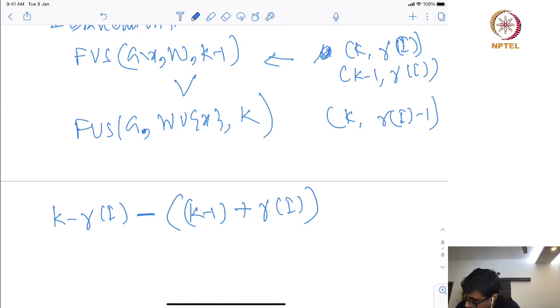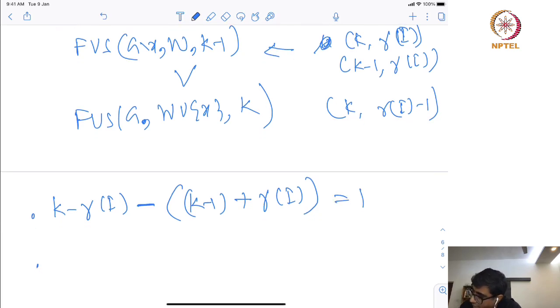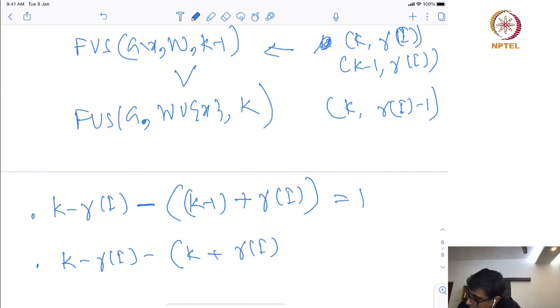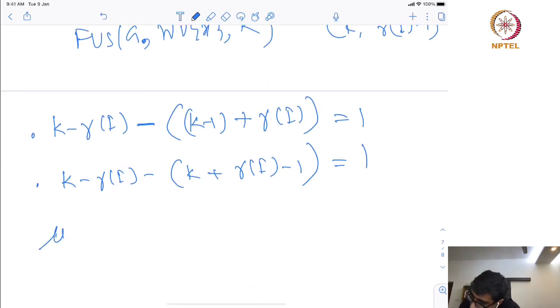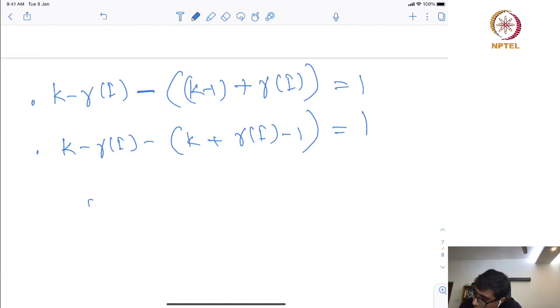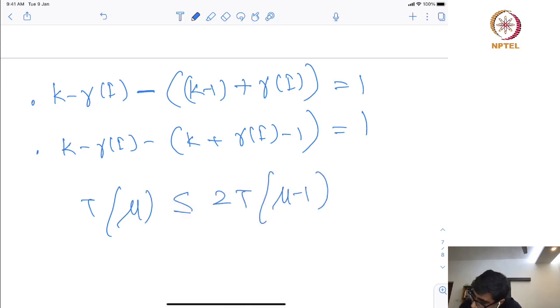So the drop is equal to 1 in this case, and in the second case we have K minus gamma I minus K but minus 1. So this is the change, which implies the running time of this algorithm is given by T of mu is 2 times T of mu minus 1. So the algorithm runs in time 2 to the power mu times n to the power big O of 1.